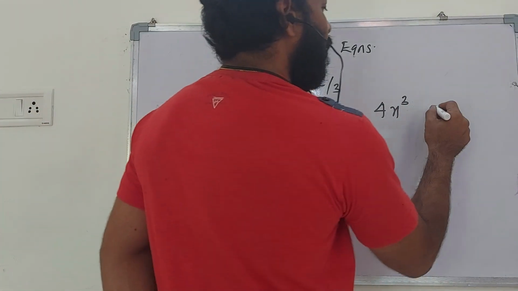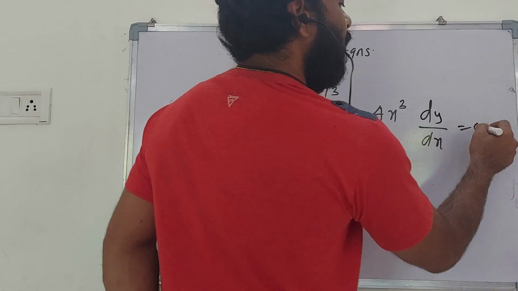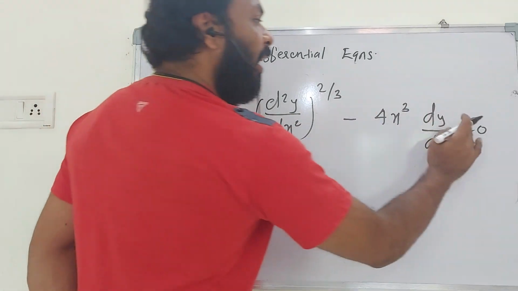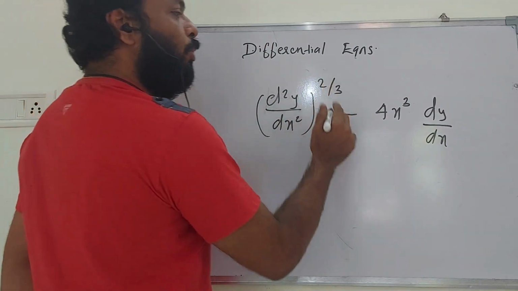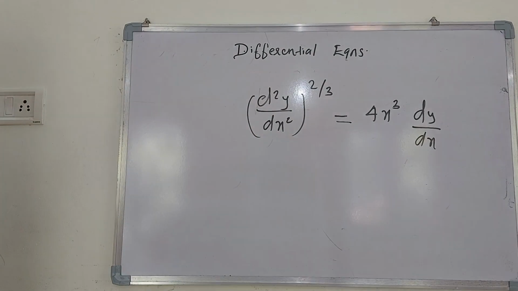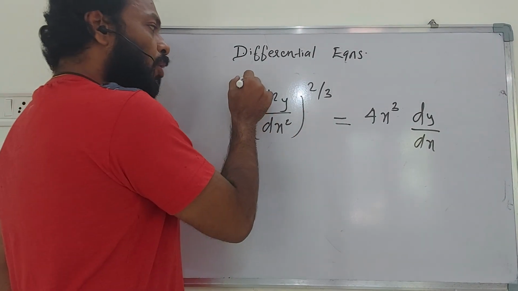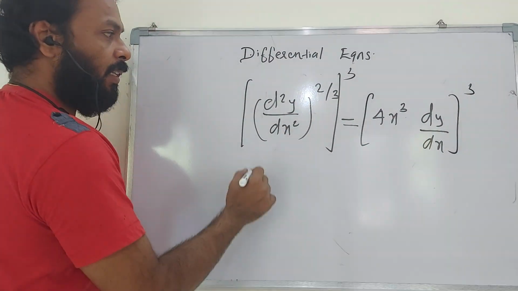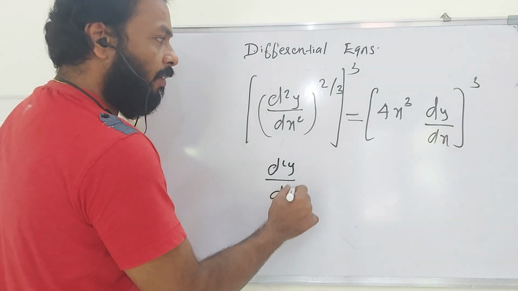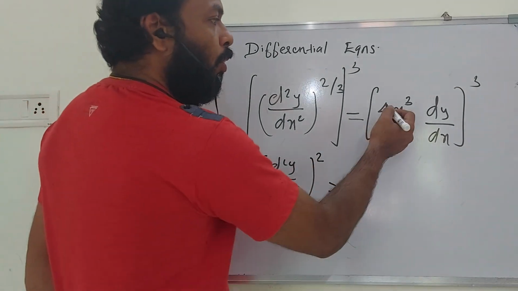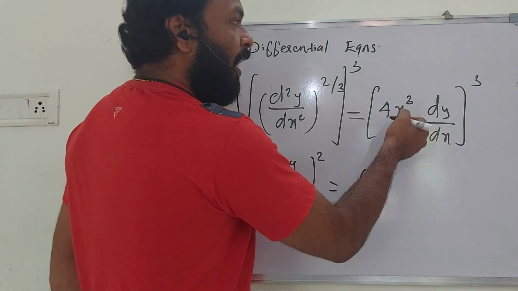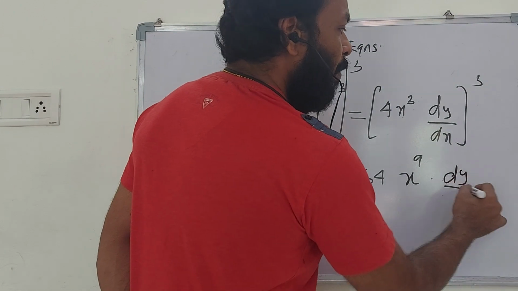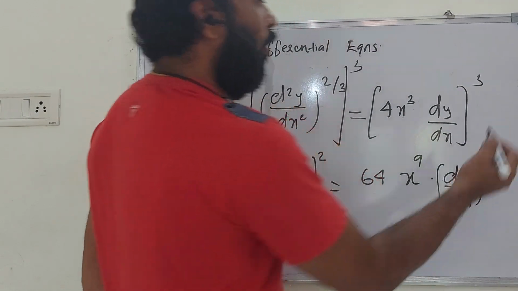To find the degree of the differential equation, we rewrite this equation as d square y by dx square raised to 2 by 3 equal to 4x cube into dy by dx, and take the power 3 on both sides, cubing both sides. That is, d square y by dx square raised to 2 equal to 64 x to the power 9 into dy by dx the whole cube.